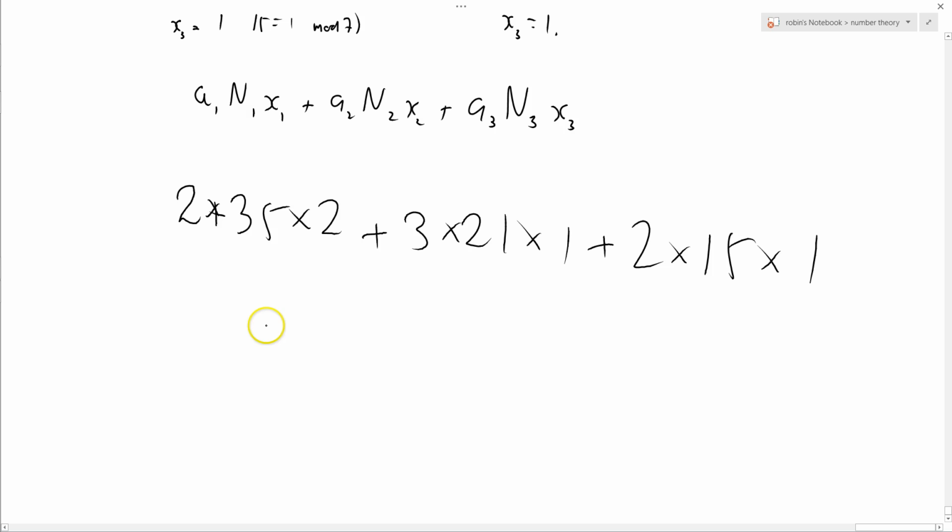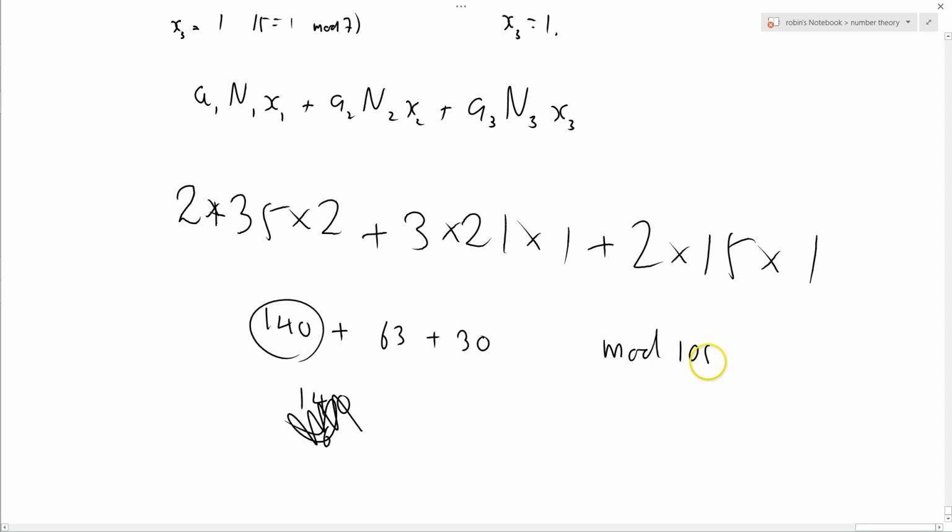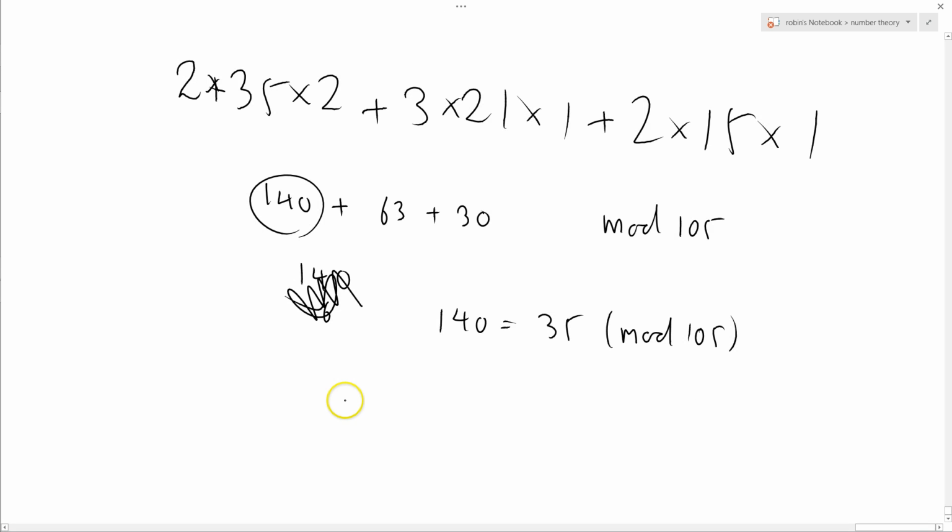Let's do a little bit more of this work. 35 times 2 is 70, times 2 is 140, plus 3 times 21 is 63, plus 2 times 15 is 30. Actually, look, remember we're considering everything modulo 105. So 140 equals 35 modulo 105, because I can just take away 105 from it. So that's made my life a bit easier. So now I've got 35 plus 63 plus 30.